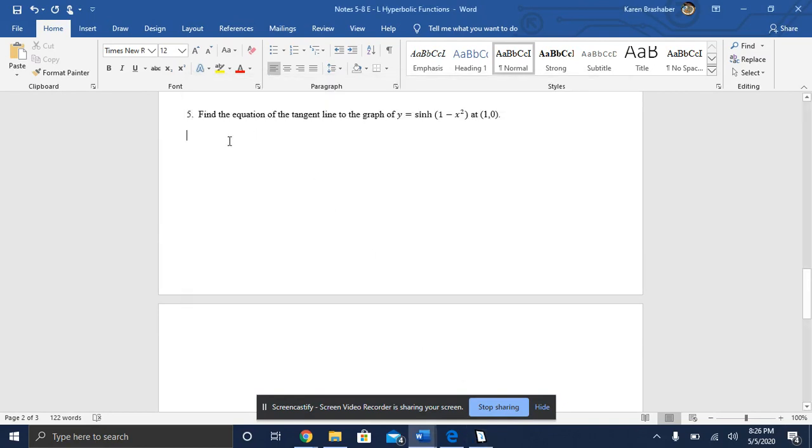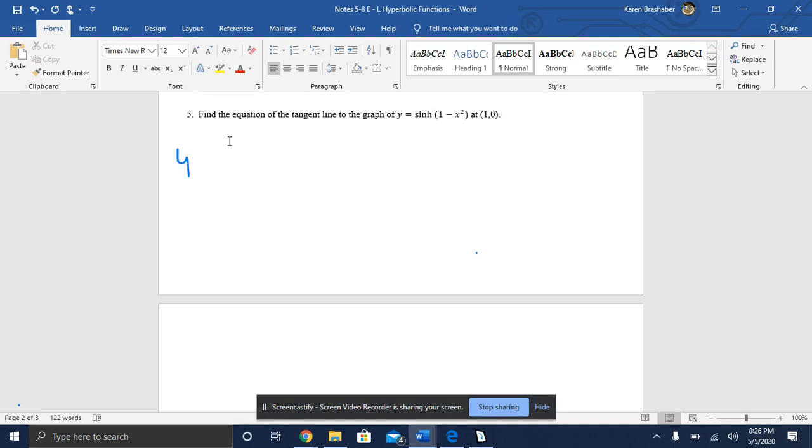Okay, I'm going to do one last example with you. And for this example, mostly I want to show you what happens when you have to evaluate a hyperbolic function. So this asks us to find the equation of the tangent line. So we'll do that by starting off finding the slope, which would be the derivative.